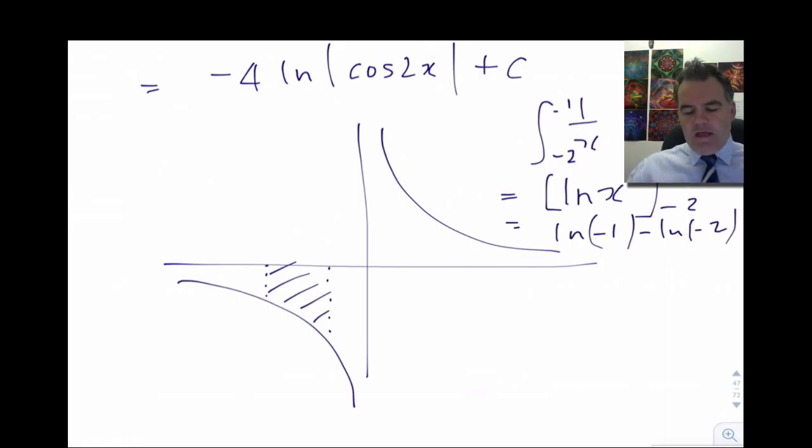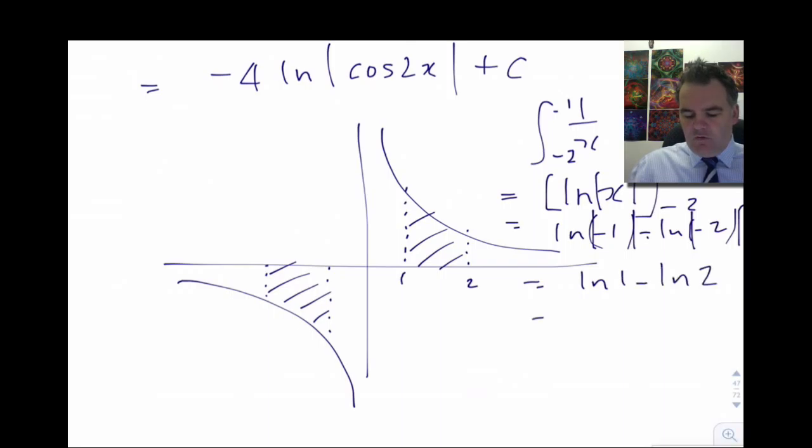What this formula allows me to do is just say, well, that's going to be the same as the area between 1 and 2 there. So if we use the absolute value of x now, we get ln 1 minus ln 2, which is a value that I can work out. Or in this case it's going to be the other way around, ln 2 minus ln 1, because we've got the 2 bigger than 1.